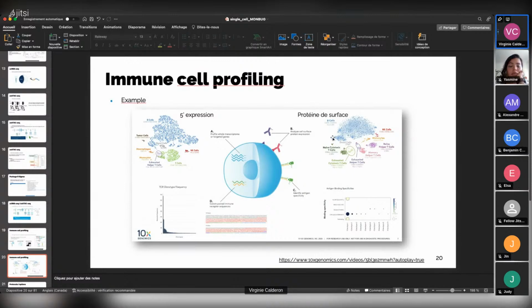So you can identify, for example, the different subtypes of T cells and see the expression, but also validate maybe with the surface protein to be sure of the classification. That's something really helpful, to see surface protein and expression.